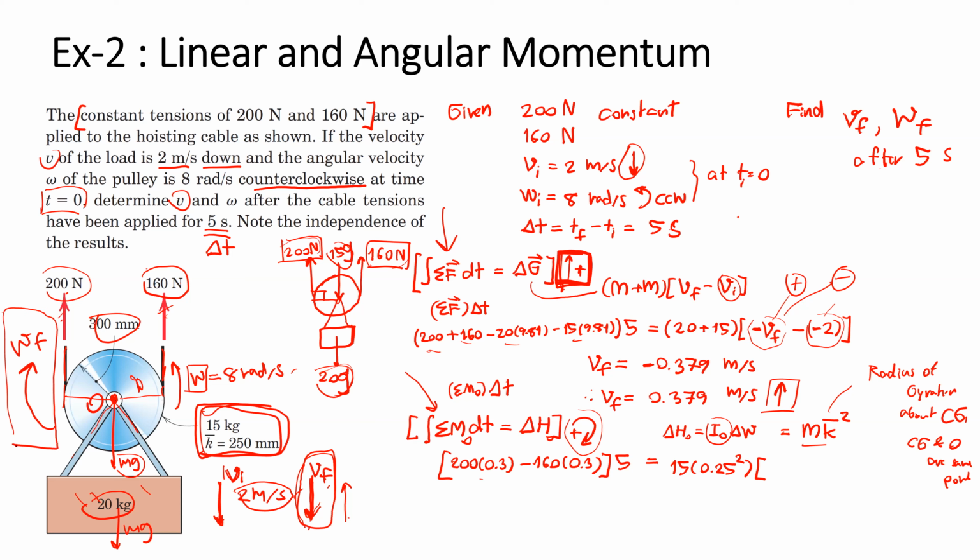When I set the governing equation, I define the positive direction to be clockwise. So omega final, magnitude, is unknown, positive in the clockwise direction. Omega initial is 8 radian per sec in the counterclockwise, so counterclockwise is minus.